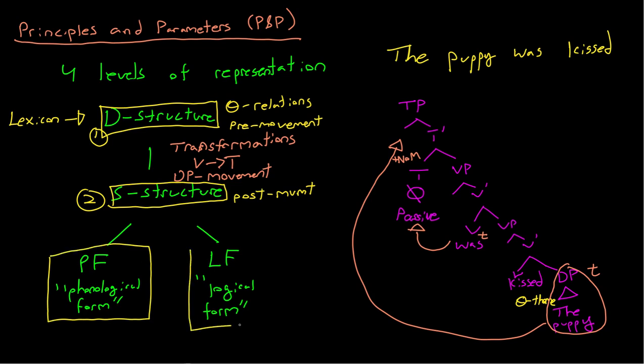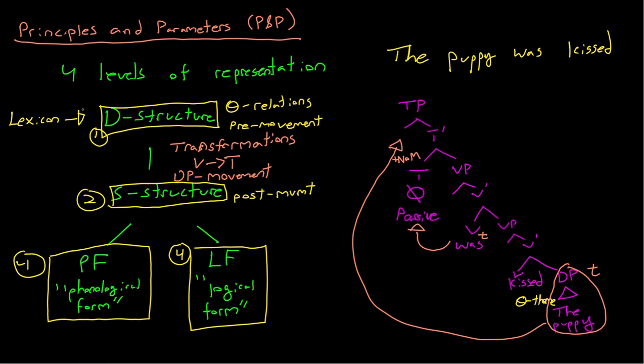It mediates between phonological form, which is basically a representation that's sent out to the phonological system for perception and articulatory purposes, and, on the other hand, it must output something that gets an interpretation at the conceptual interface, the system responsible for assigning meaning to a particular sentence.